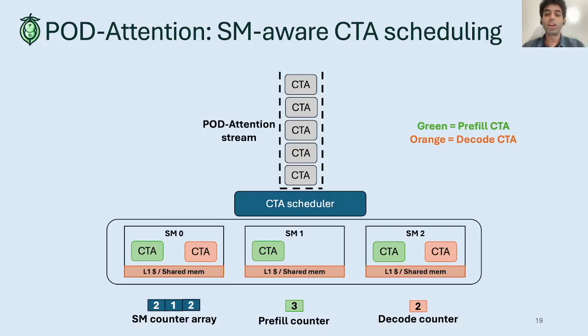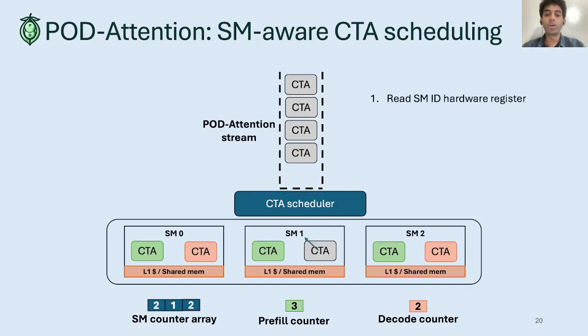The prefill and decode counters keep track of how many CTAs have executed prefill and decode respectively. In the figure, we see that the prefill counter maintains 3, which indicates 3 prefills have executed, while the decode counter has 2, matching the 2 decode CTAs. We shall now look at how these allow us to co-locate prefill and decode operations, despite having no control over the hardware CTA scheduler.